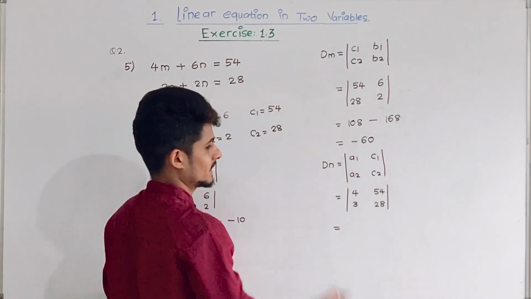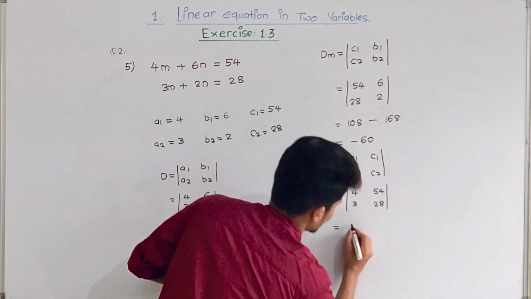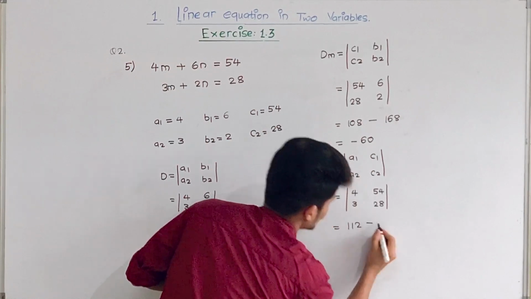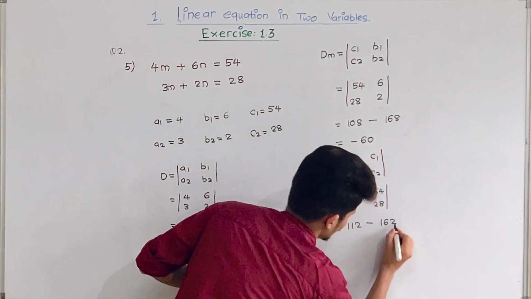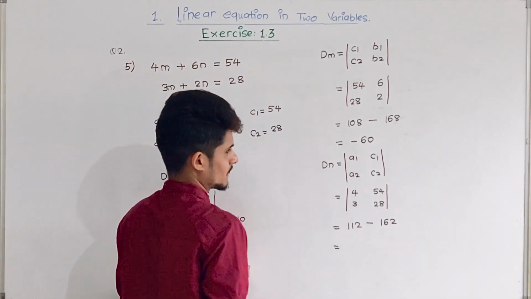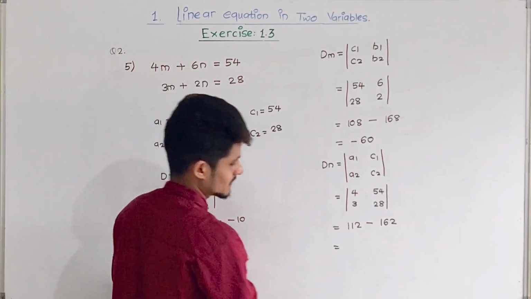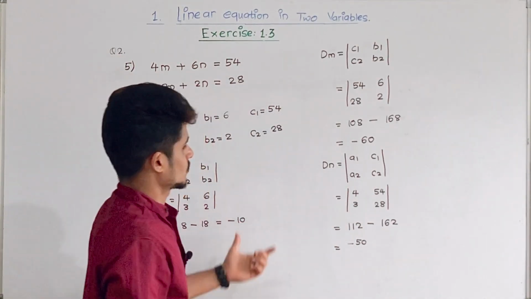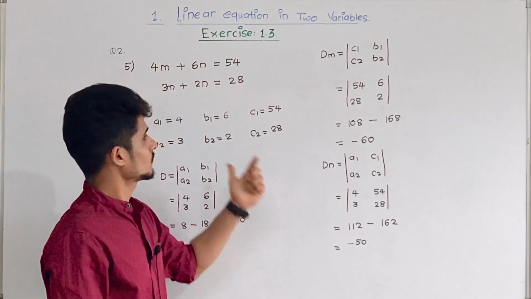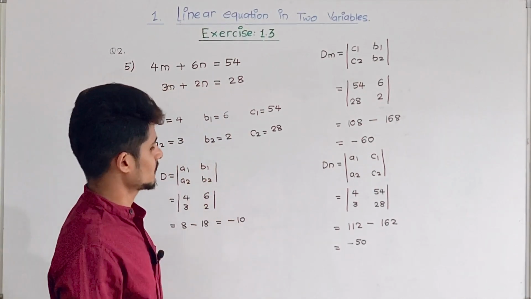Cross multiply and subtract. 4 into 28 is 112 minus 54 into 3 is 162. By subtracting we get the value of dn as minus 50. Now we'll find the value of m and n by Cramer's rule.